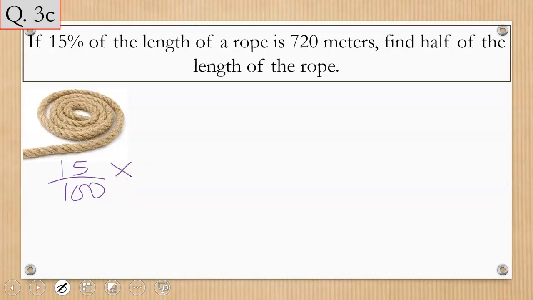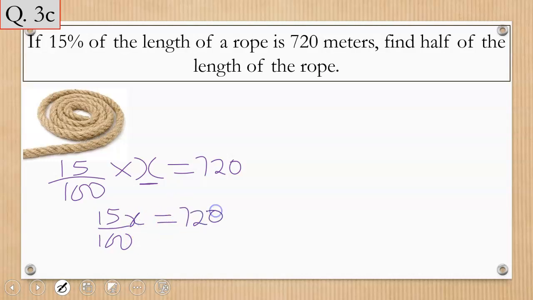I don't know the length, so let me say the length is X. Okay, and when I find 15% of this length, the result is 720. I hope you are getting it. So 15 over 100 times X is equal to 720.